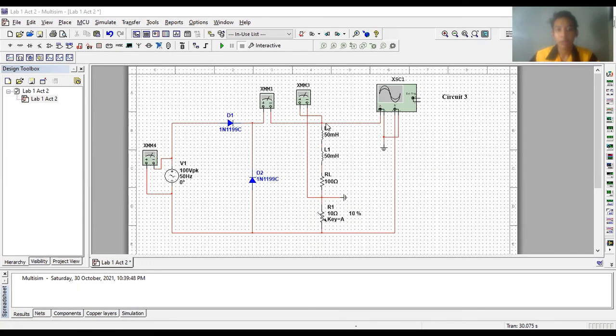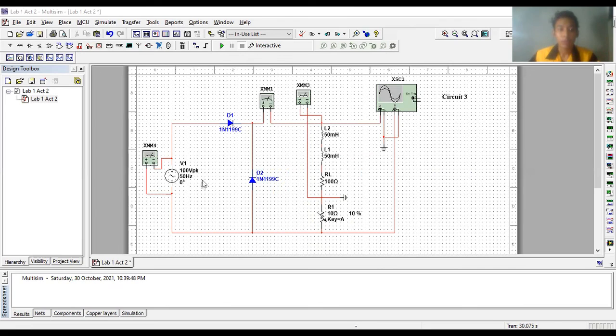After that, we connected it in series with inductor 1, inductor 2 and resistor, and also with a variable resistor. For the positive terminal of the inductor at the load, we connected it to the positive terminal of the oscilloscope, and the negative terminal B we connected with the variable resistor.